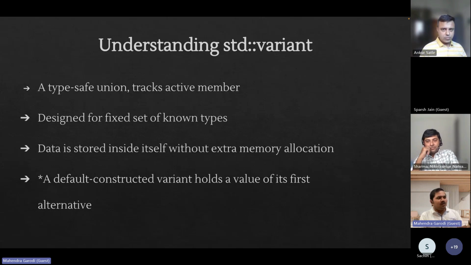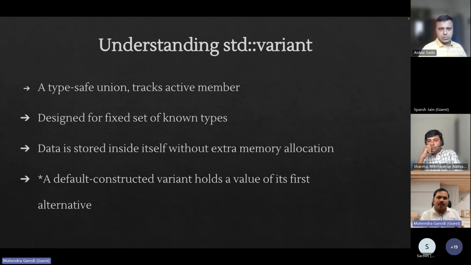Once we default construct the variant, it holds the first alternative. When we say alternative, it means the types allowed. Whatever is first in the declaration order will get value initialized.